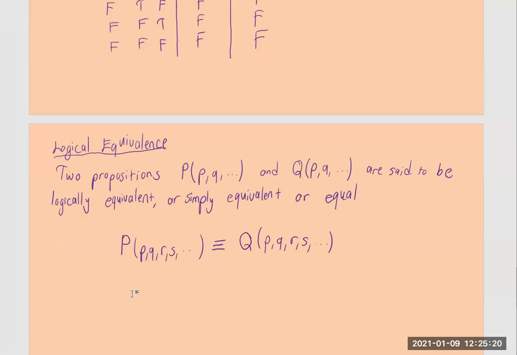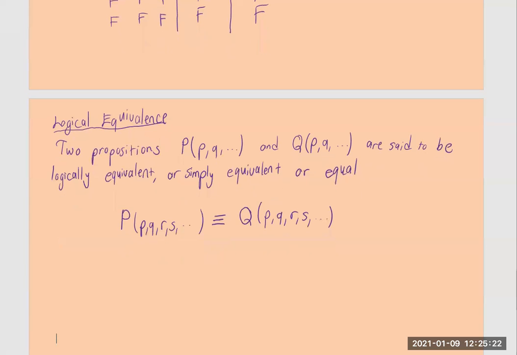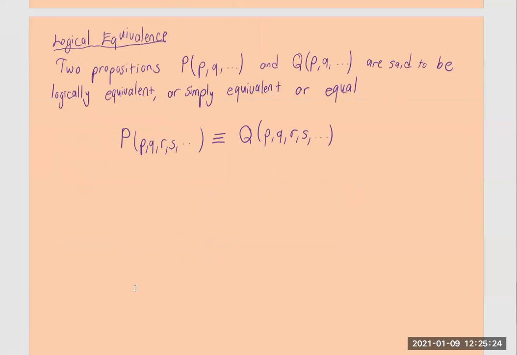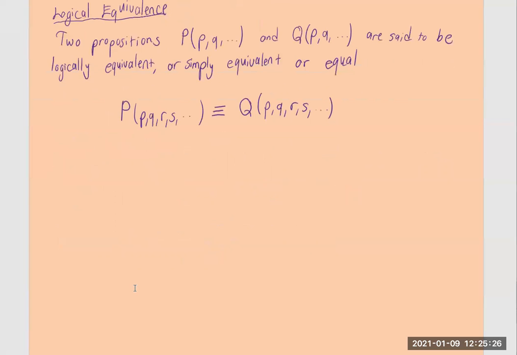Maybe they are equal to each other according to some theorem or some algebraic manipulation, and maybe they are directly equal to each other. So as an example, let's write the example.